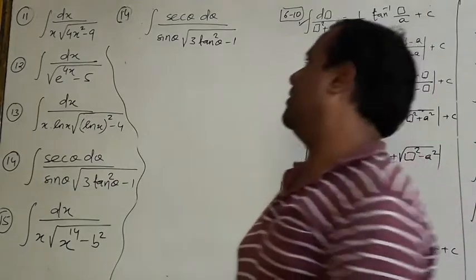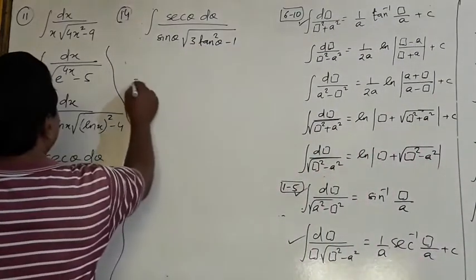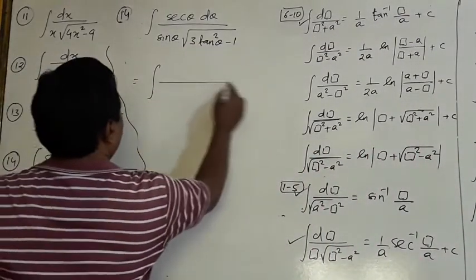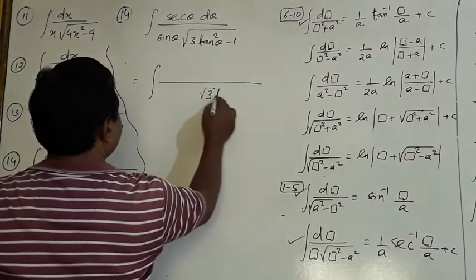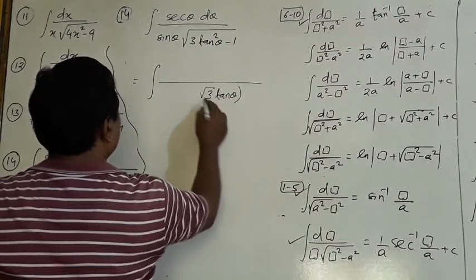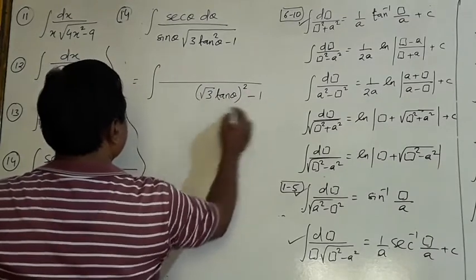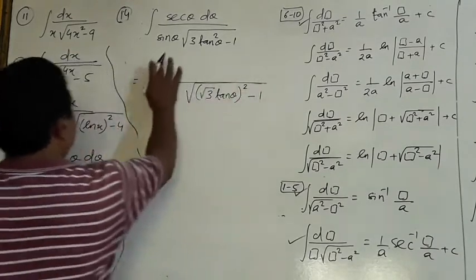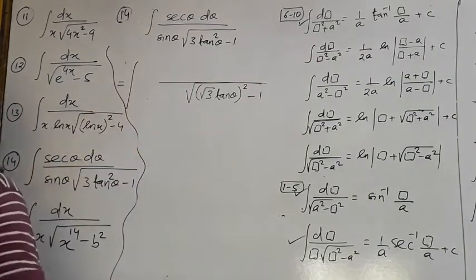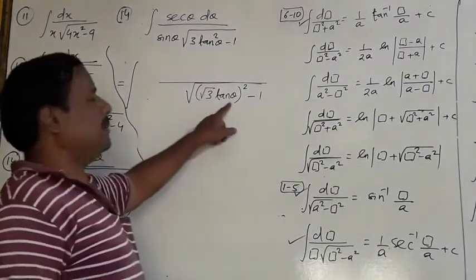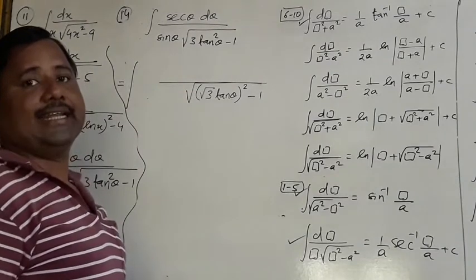Okay. Now look. Whose square is that? It is root 3 tan theta whole square minus 1, under the root. And what am I doing? Look here. What is the derivative of root 3 tan theta?